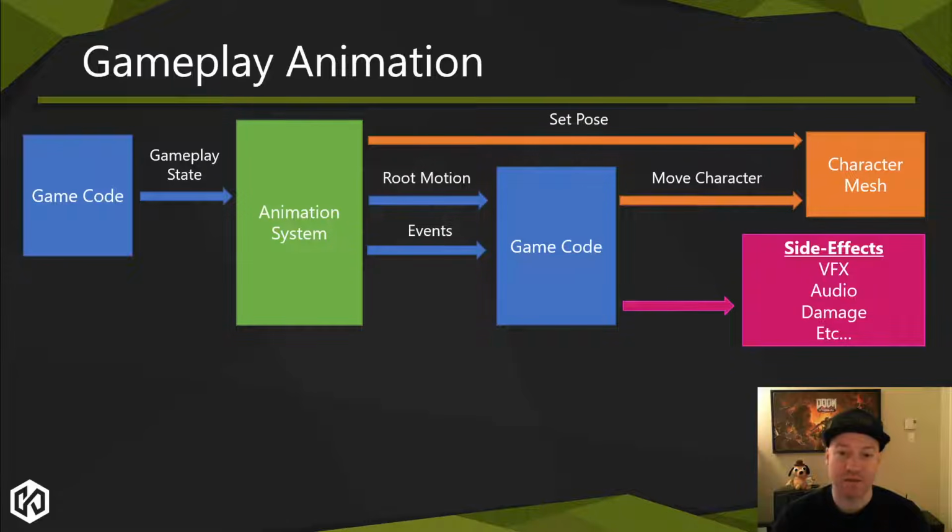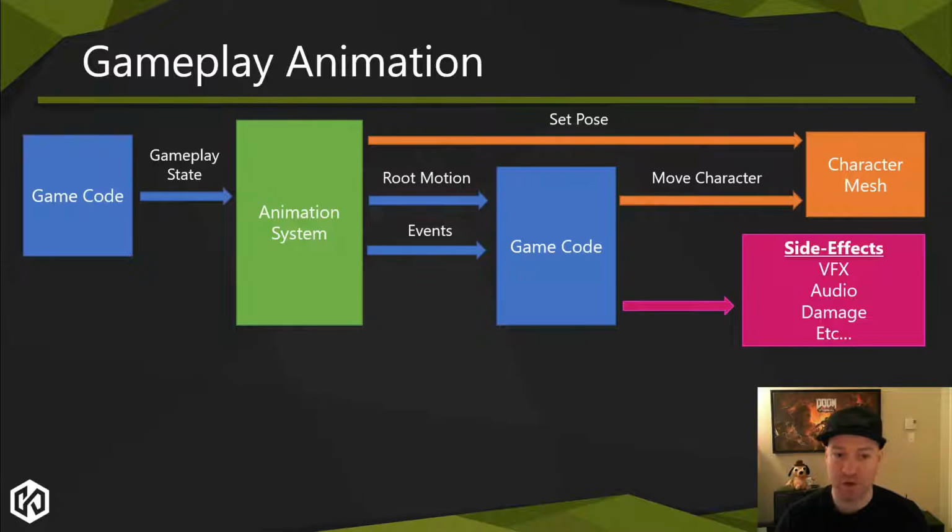Secondly, there are events: do I have a contact event? Should I play a VFX? Should I holster a weapon? Is my thing done? Should I trigger a damage event? That kind of information comes from the animations themselves, and those will then go back into game code. The pose will be applied to the 3D skeletal mesh.